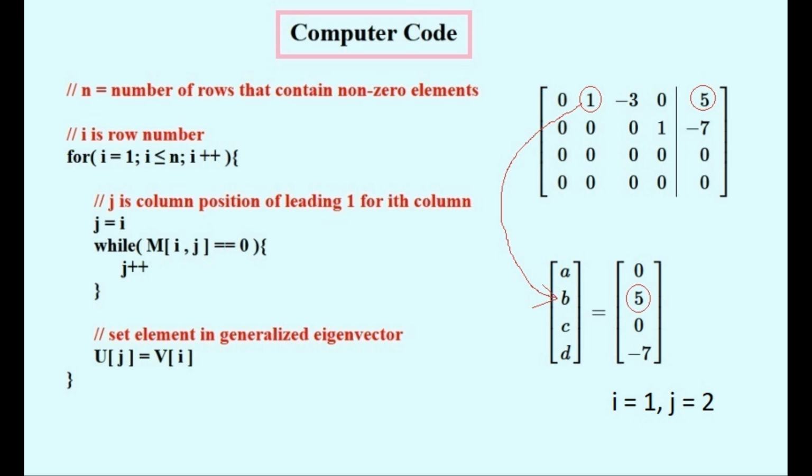So the first element in v, which is 5, is placed into u as its second element. Similarly, we can then place the second element of v, which is -7, into the fourth position of u. The other elements in u must be set to 0, which can be easily done by presetting all of u's elements to 0 before it enters this stage.